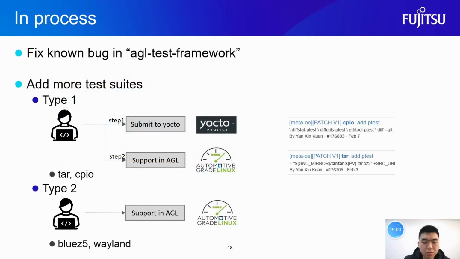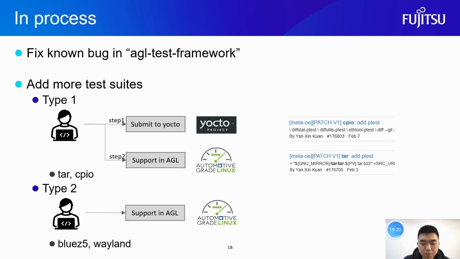In addition to the above issues, we're still working to fix bugs in our AGL test framework. We are adding more test suites. The first category is related to OS self-tests. And now we are adding CPIO and tar.